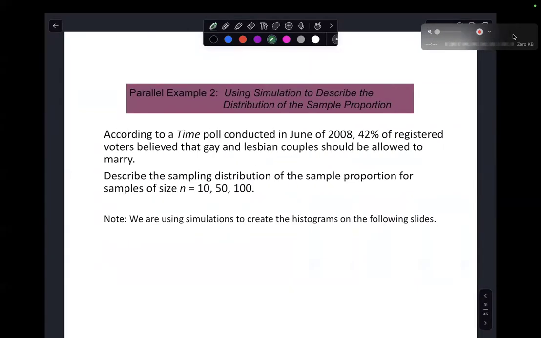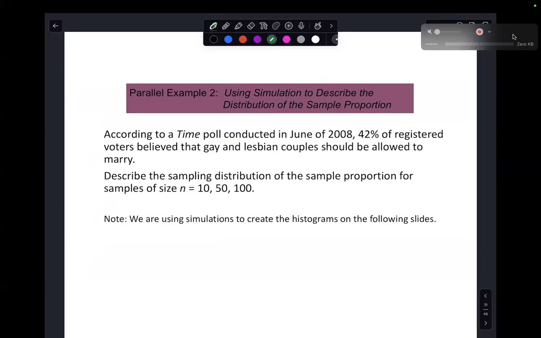Okay, so according to the Time poll conducted in 2008, 42% of registered voters believed that gay and lesbian couples should be allowed to marry. So we're going to take a look at the sampling distribution of sample proportion. This is kind of the same thing where I took a whole bunch of samples and found the proportion of people who believed this out of each sample.